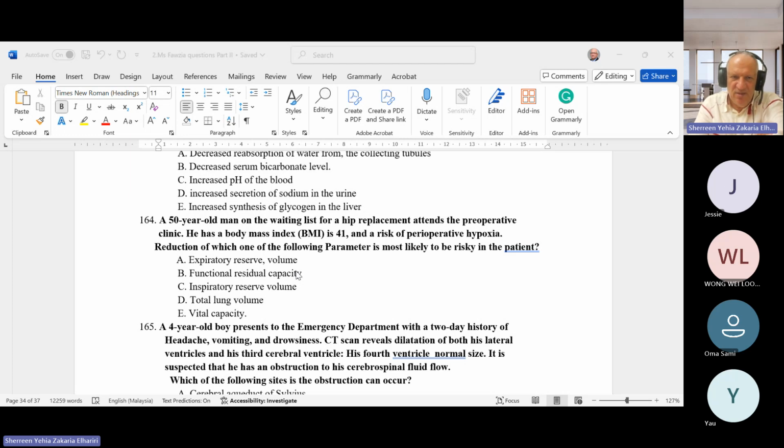All these together we call vital capacity. If we add residual volume, we call it total lung capacity or total lung volume. What we usually use is the vital capacity. So the curve includes the vital capacity, and the answer is vital capacity.